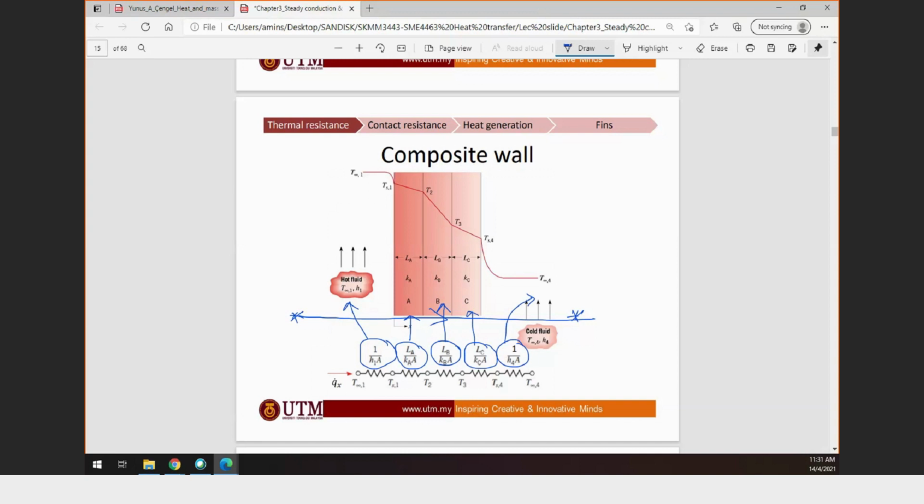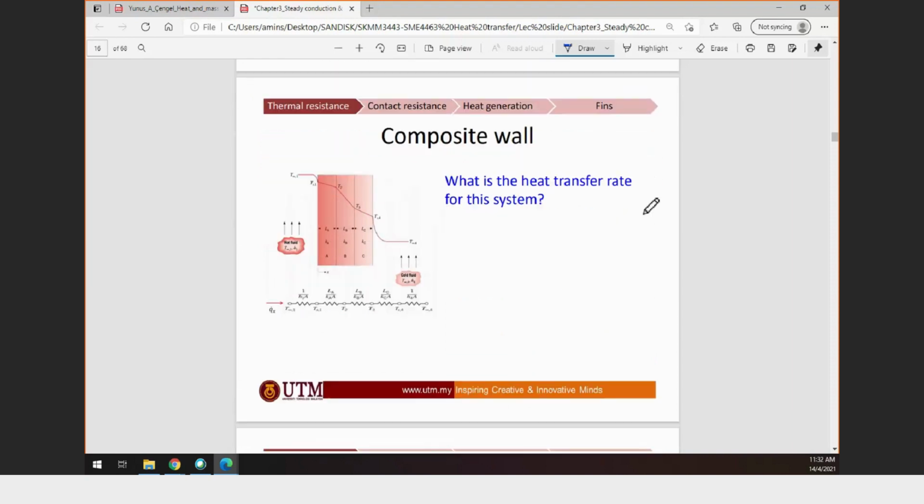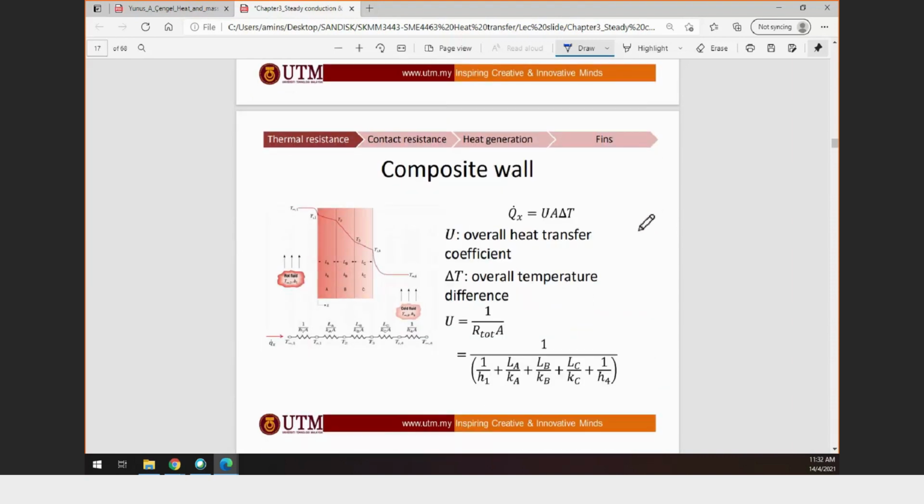So the R total is basically the combination of these: R convection hot plus RA plus RB plus RC plus R convection in the cool area. So this is the total resistance. So you can calculate the heat transfer rate for this system by calculating the R total.